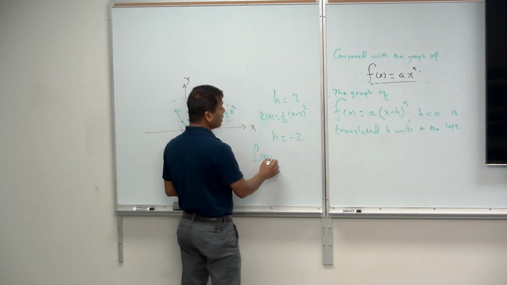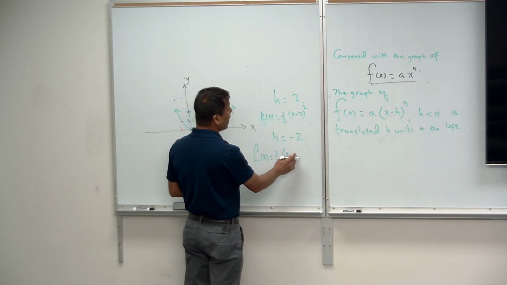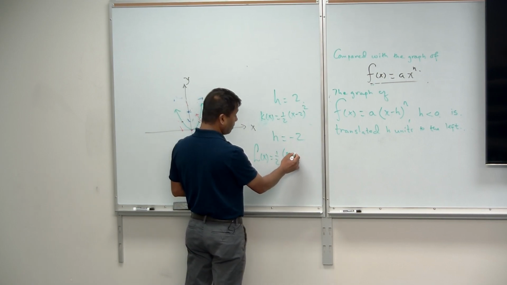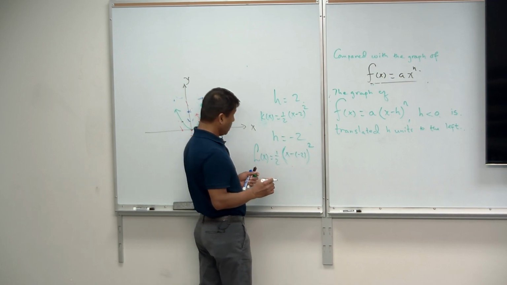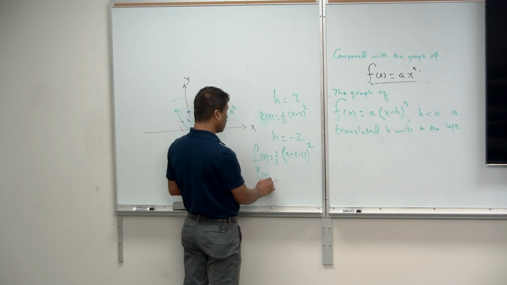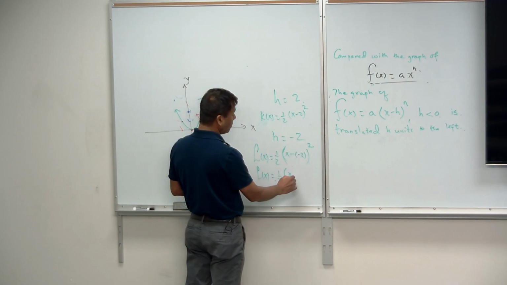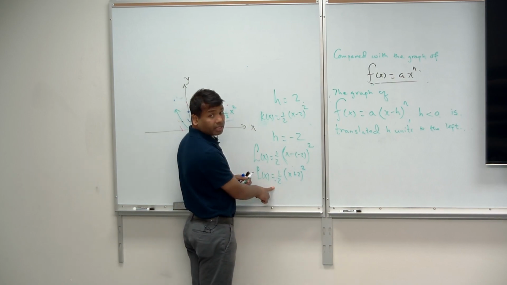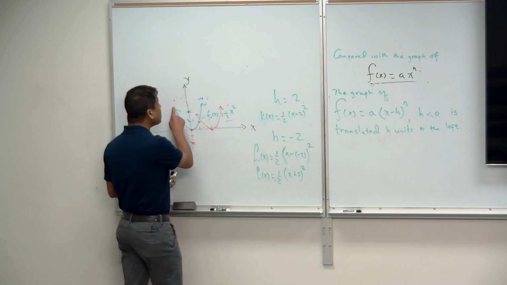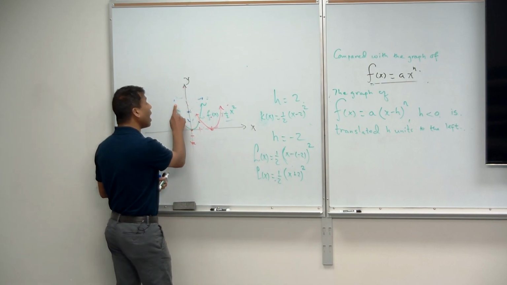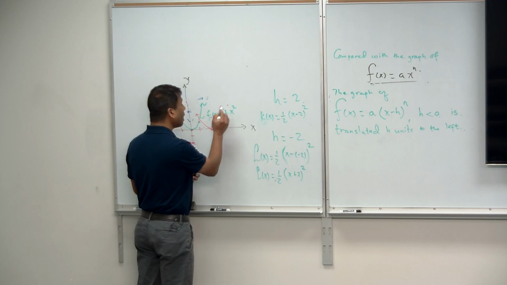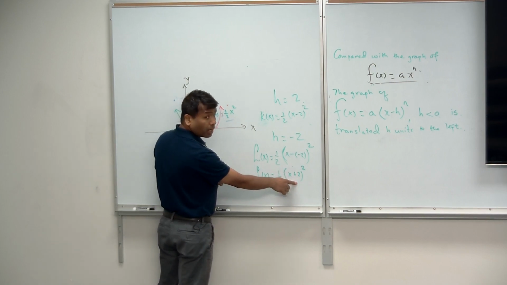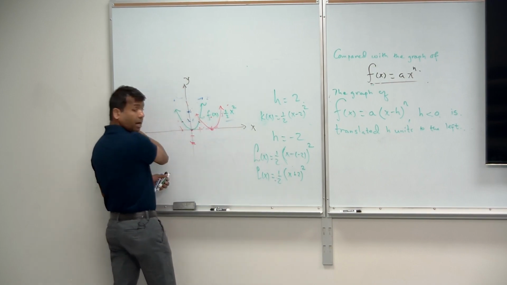So this function is half (x plus 2) squared. Now the graph of this function is obtained by shifting the graph of f(x) equals half x squared. How many units? 2 units. In which direction? Left.